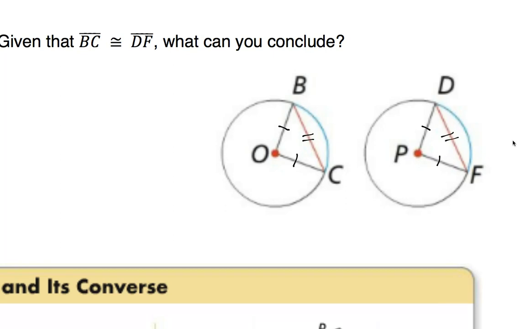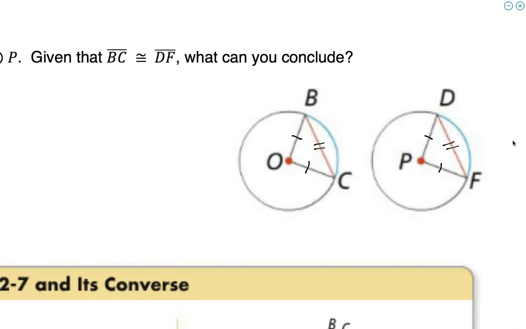What can we conclude? Well, we know that angle BOC is congruent to angle DPF, and then we have arc BC is congruent to arc DF.